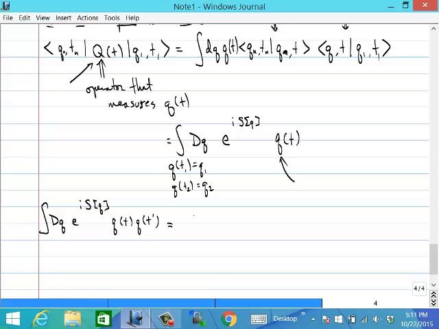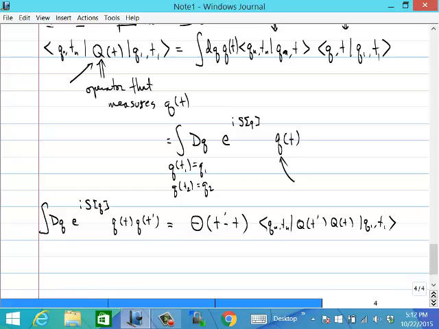So that, for example, if t happens before t prime, you'll get the expectation value of q of t prime first and then q of t.